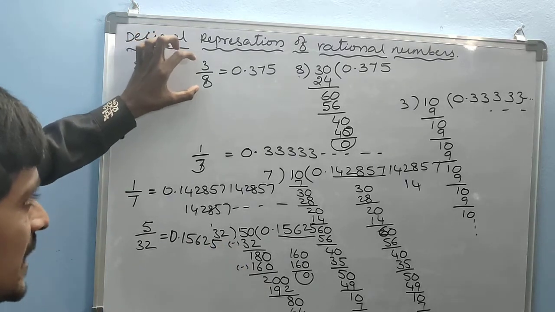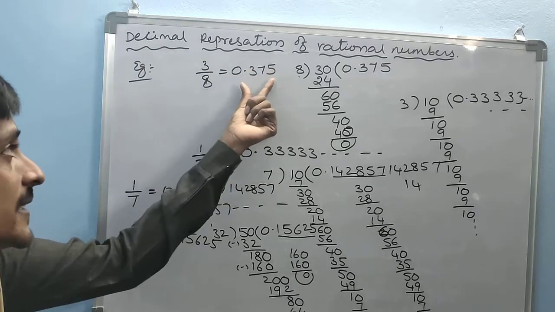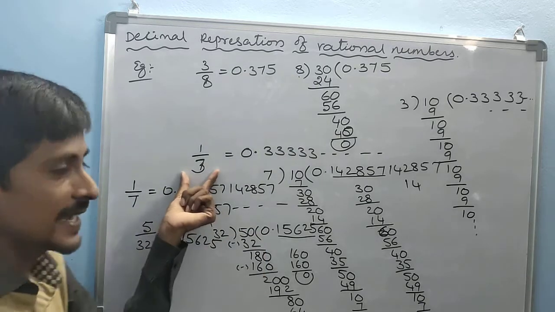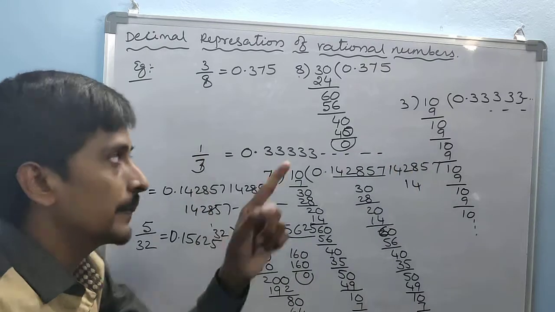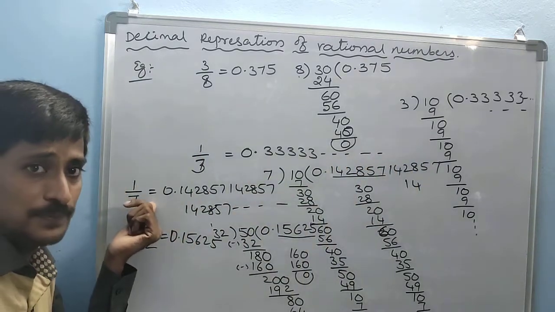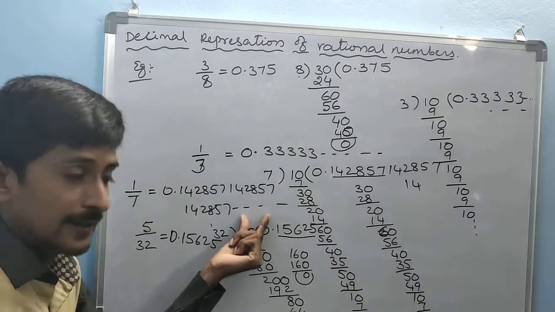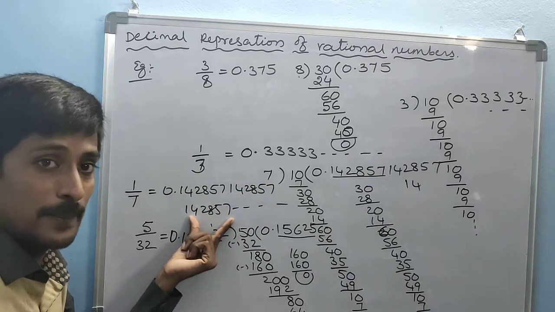Here in the first example, after decimal point 3 digits it ends. Here in the second example, there is no ending but one number is repeating. In the third example, after decimal there is no ending, 6 digits are repeating.